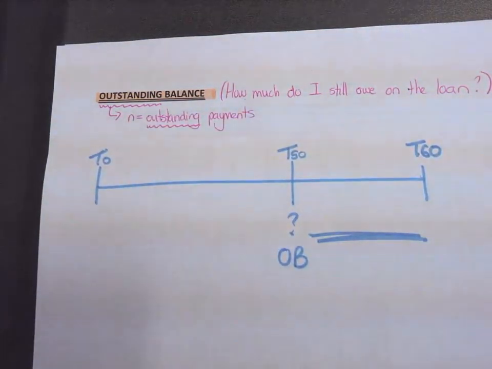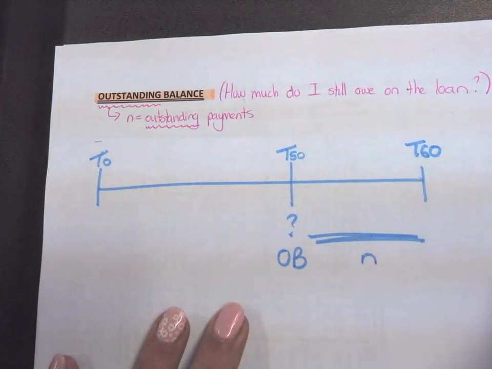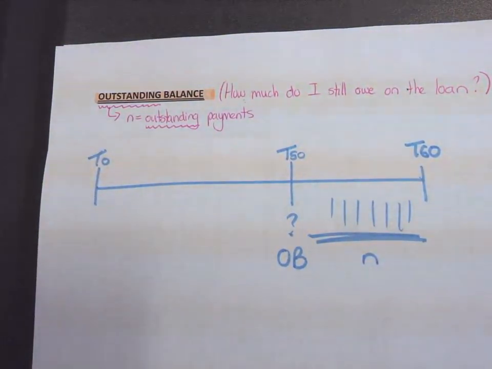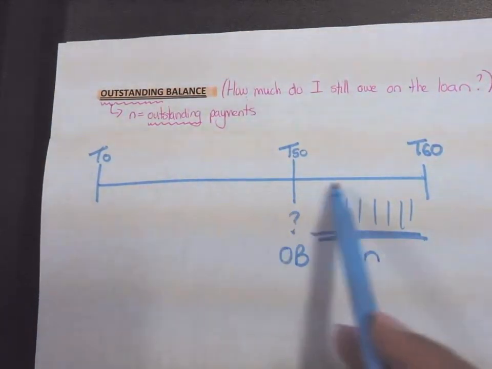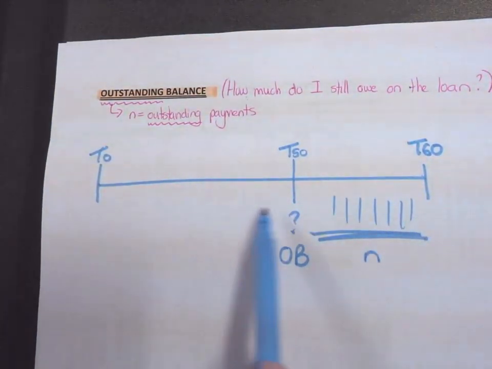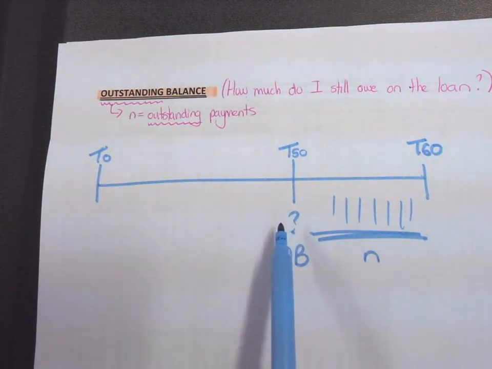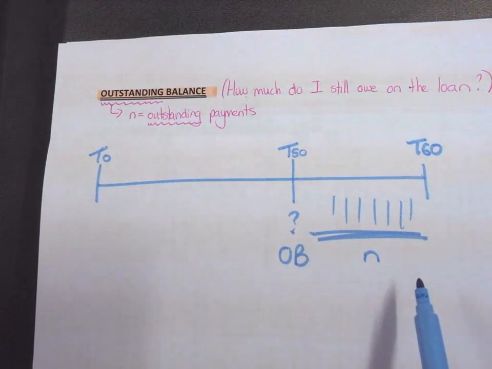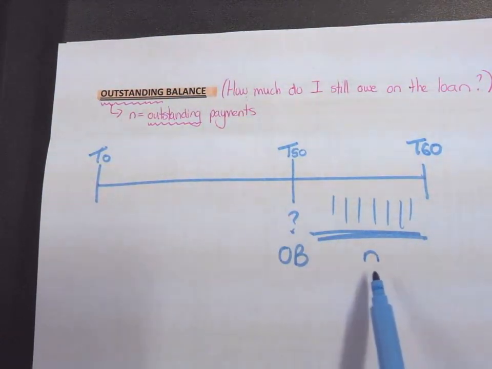Now N is the number of outstanding payments. That's important. Not the N of the whole period, not the N of the ones that you paid already. N is the number of outstanding payments that still need to be paid.